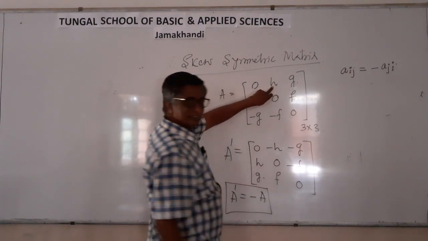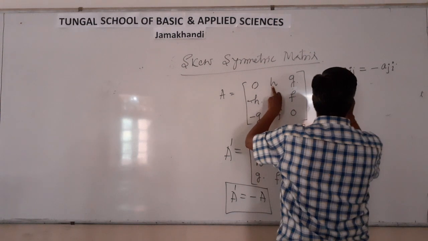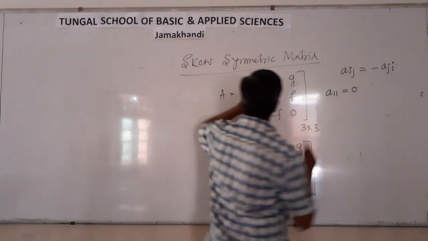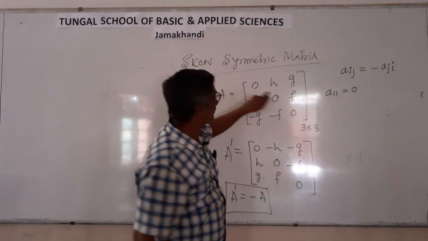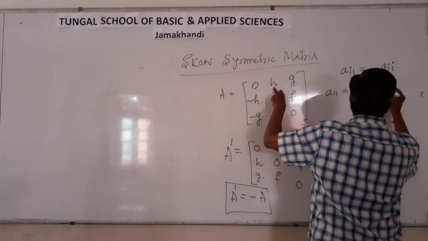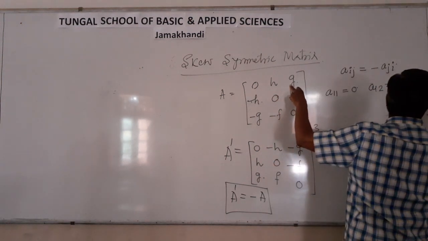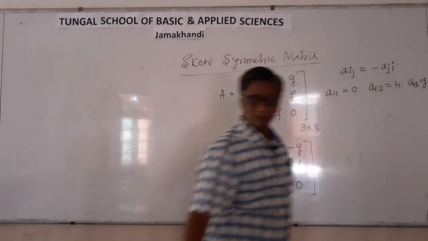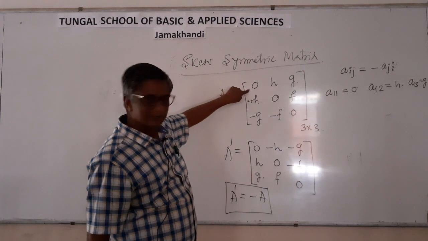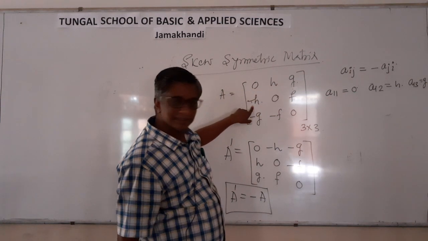See, what is this element? A11 is equal to 0. A12 equal to H. A13 equal to G. Correct? This is A11, A12, A13. What about this?